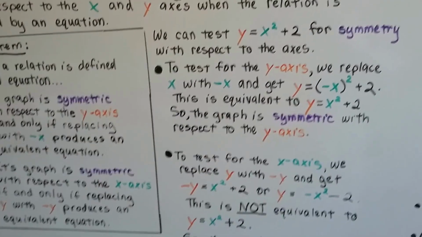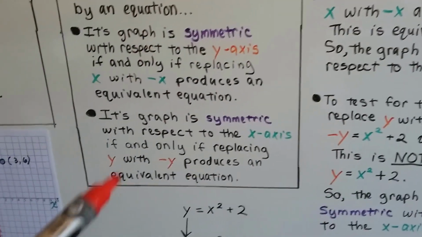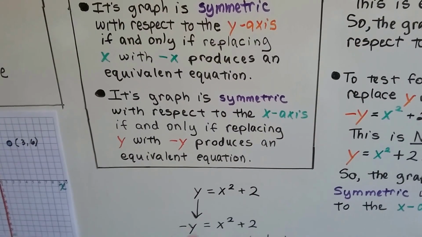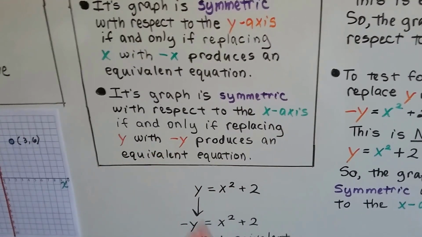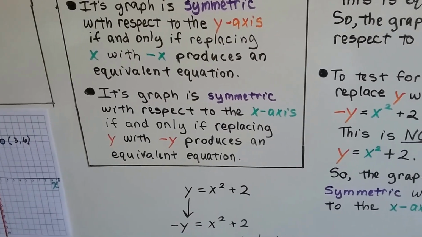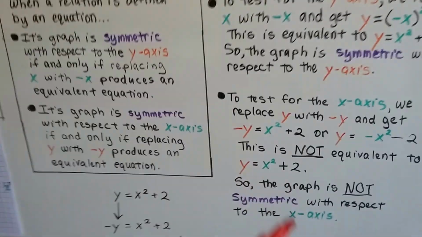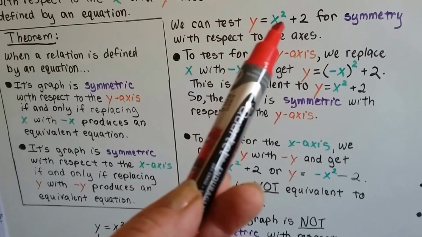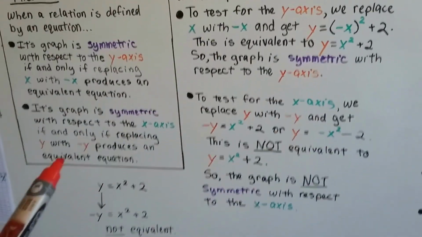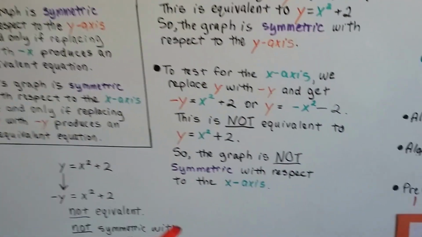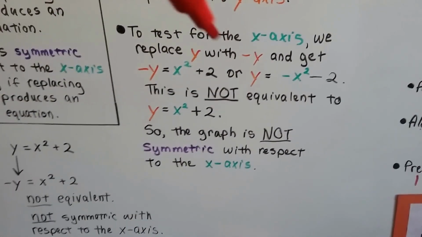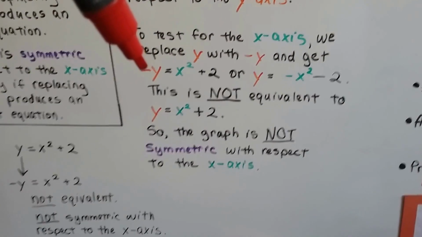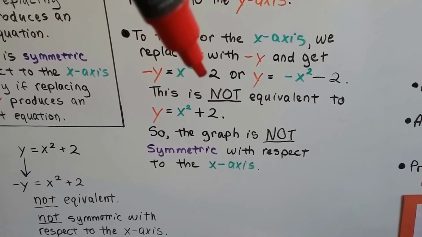See that? Now the second point is, its graph is symmetric with respect to the x-axis if and only if replacing y with negative y produces an equivalent equation. So now let's take that same equation, y equals x squared plus 2, and let's replace the y with a negative y. So we're going to test for the x-axis. We replace that y with the negative y, and we get negative y equals x squared plus 2.